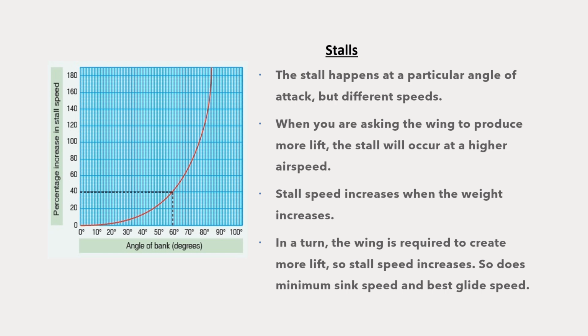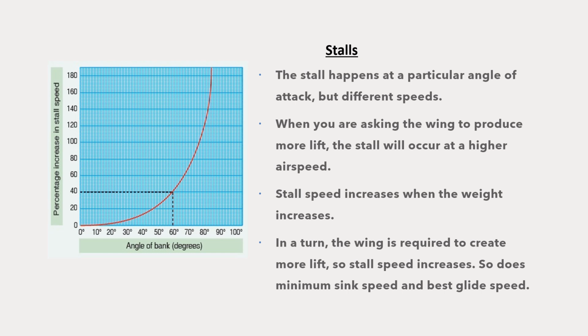Another thing is that when you are in a turn, you're using wing lift to create that sideways force that causes the glider to turn. That means you need more lift total and your stall speed will increase. Also, the minimum sink speed and the best glide speed will increase.